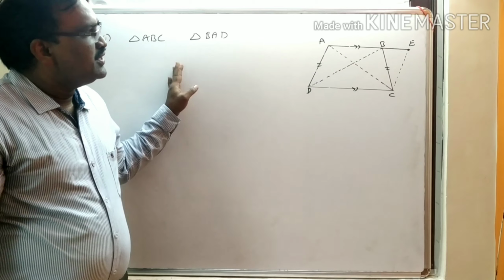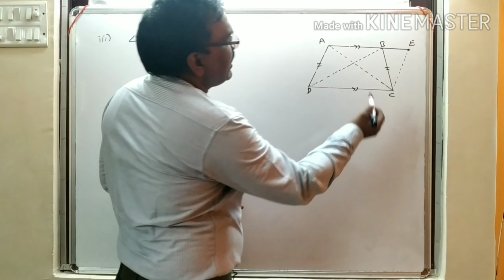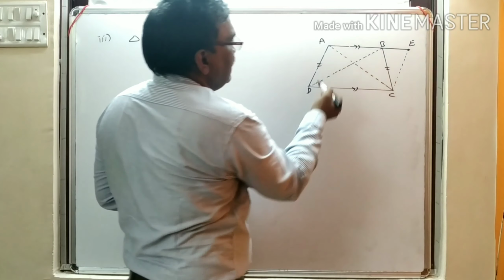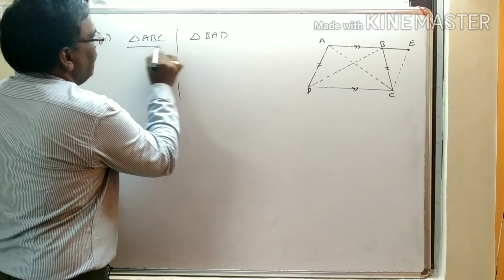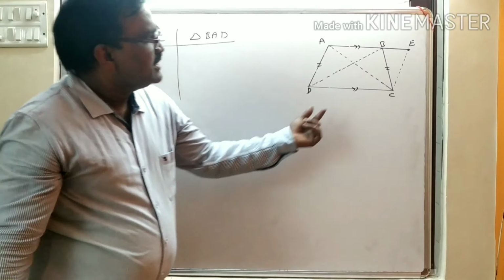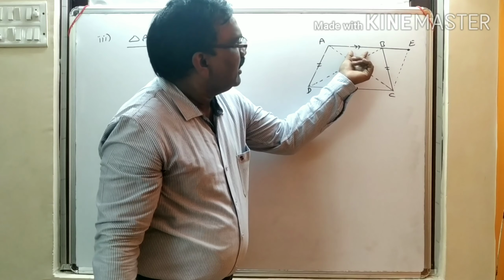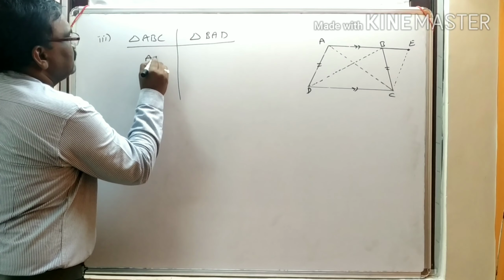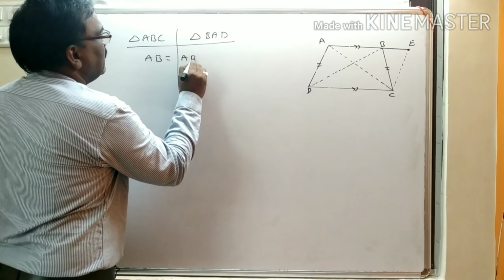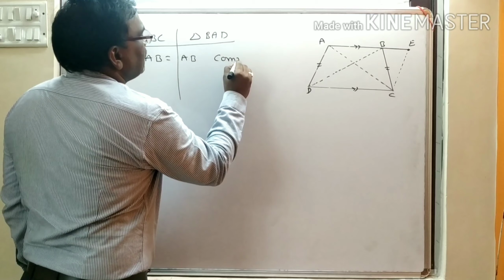Next, third condition. Observe the triangles ABC and BAD. In this, what are equal? AB is equal to AB. This is a common side.